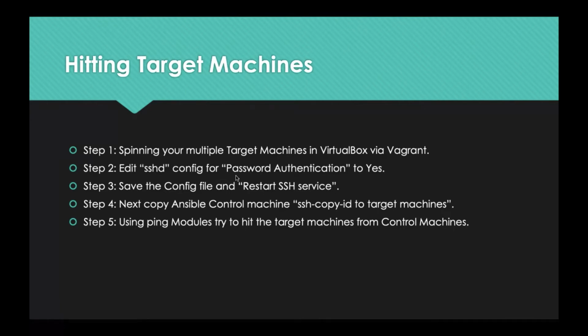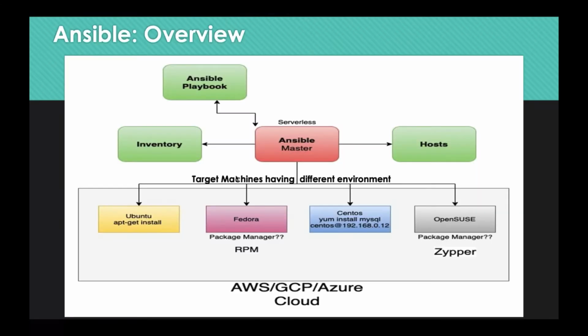You don't need to install any additional agent on your remote machine. You can directly get into any of your remote machines by providing some information in your host file, or you can say some inventory files. That information is nothing but your username and your IP addresses.